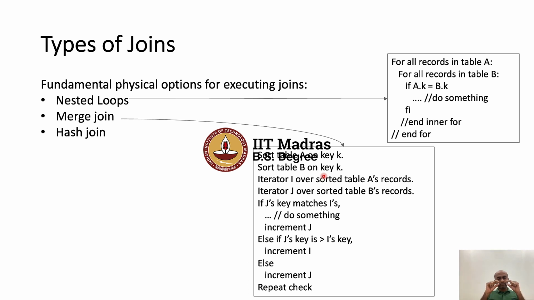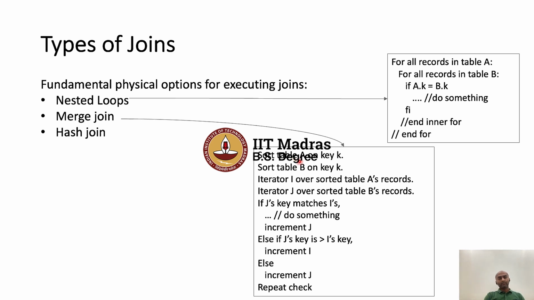I just have to look within a neighborhood of data values which are potentially going to match with what I have at the particular point in time. So the way I go about physically executing this is, first up, just sort the tables respectively, not together obviously, but respectively.